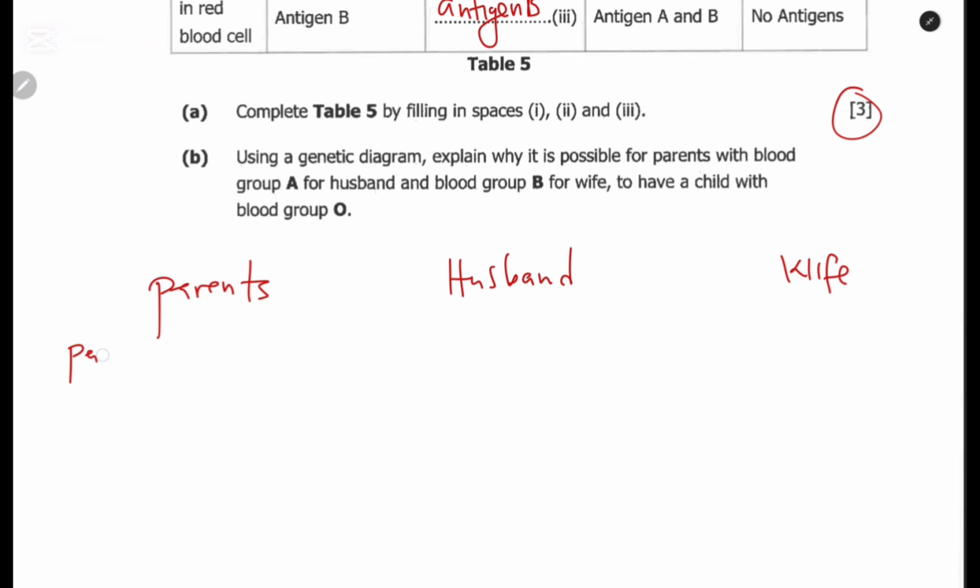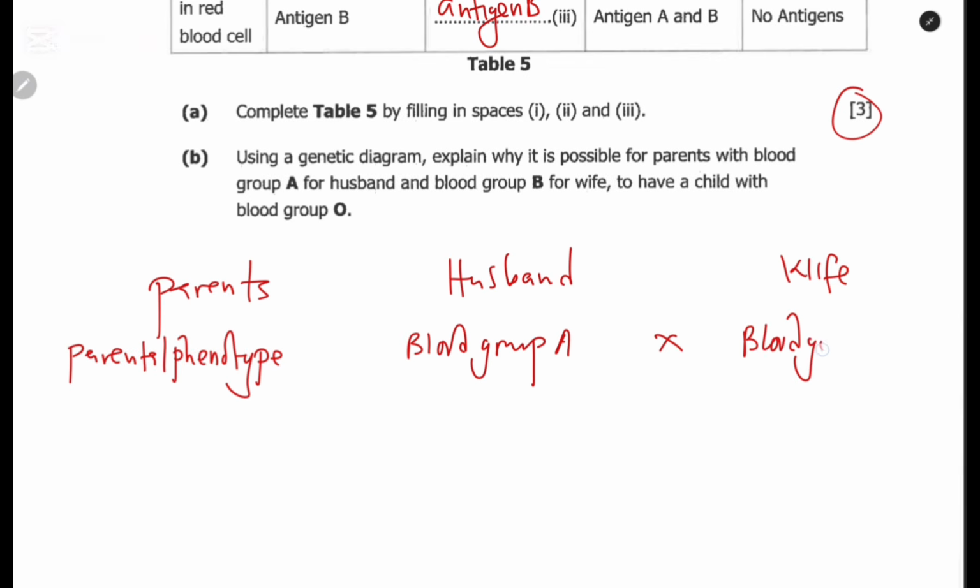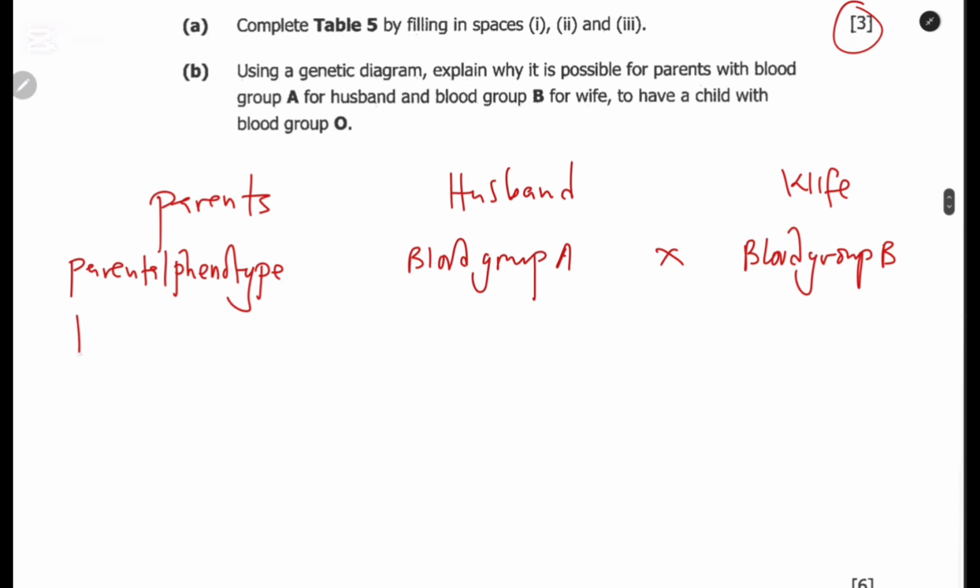Then here let us put parental phenotype. The phenotype, we are just looking at the outward expression. So parental phenotype, we said the husband is blood group A. Then wife, blood group B. Okay, then we put parental genotype, the genetic makeup now.